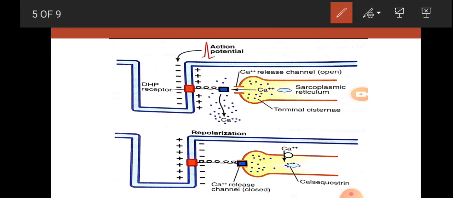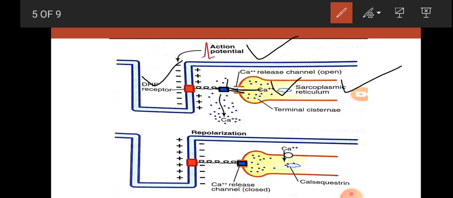This diagram shows the sarcoplasmic reticulum with calcium ions. These calcium ions are released. These are DHP receptors, and this is the action potential. This shows the action potential of the T tubules causes current flow into the sarcoplasmic reticulum cisternae where they abut the T tubules.